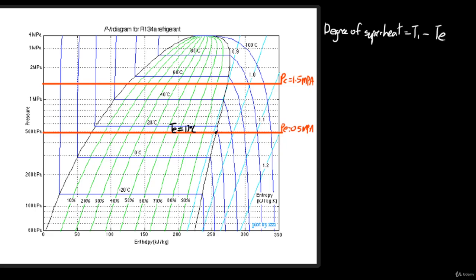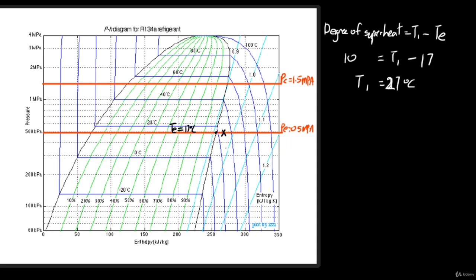So degree of superheat is 10, T1 is what we want to find, TE is 17. From here, you can also find that T1 is equal to 27 degrees Celsius. So with this info, your point 1 should be somewhere between these 2 points, somewhere in the middle. So this is your point 1.